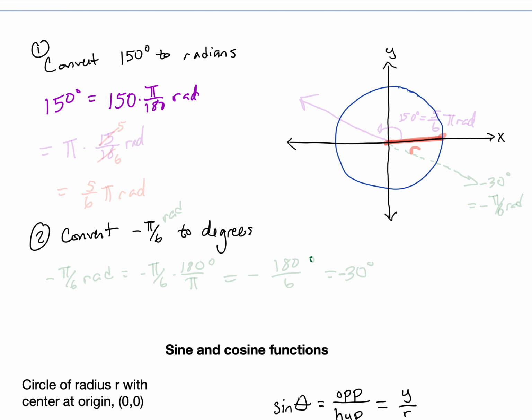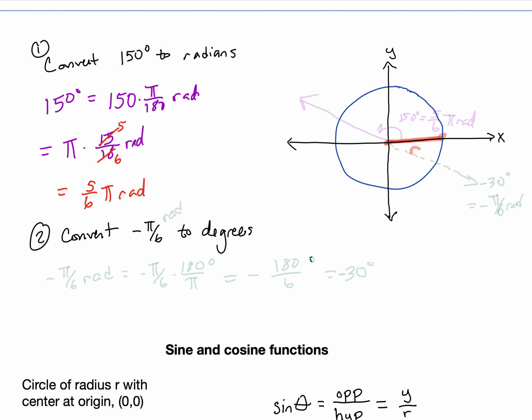And so that's equal to pi times, we can divide both the top and the bottom by 10, so 15 over 18 radians. And we can continue to cancel out. Both the top and the bottom are multiples of 3. This divided by 3 is 5, and this divided by 3 is 6. And so this is equal to 5/6 pi radians.